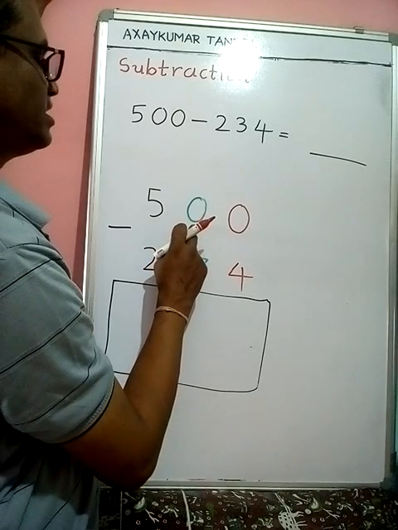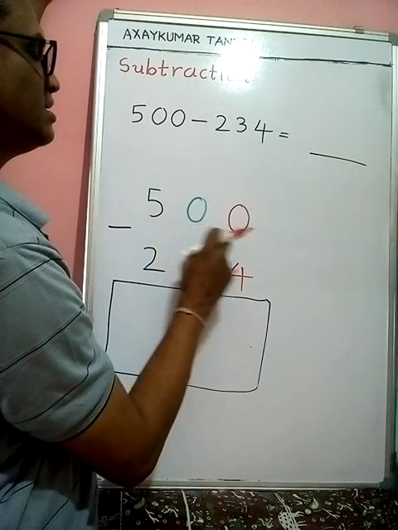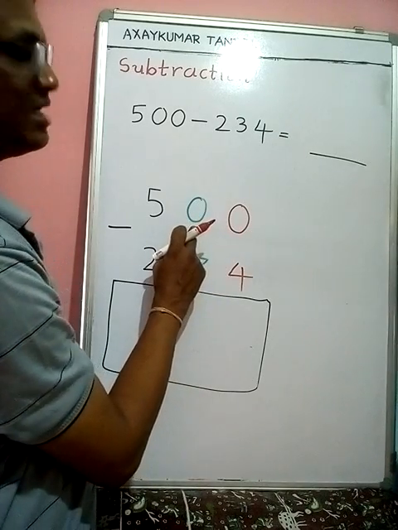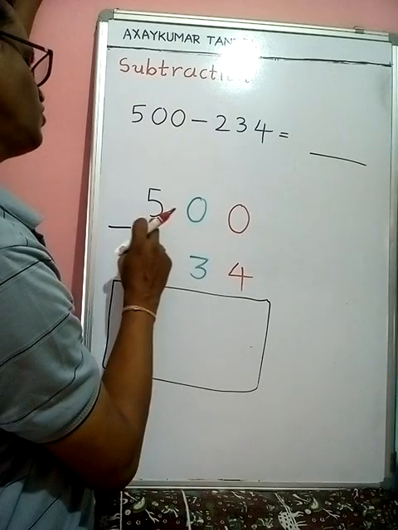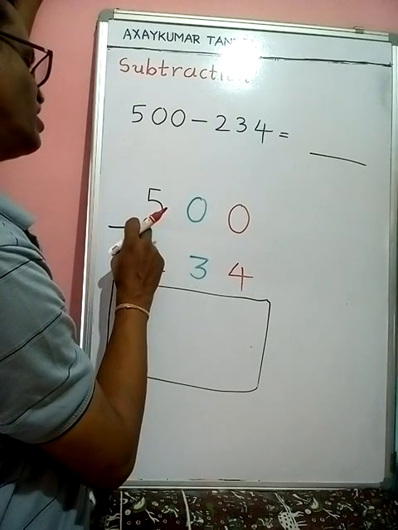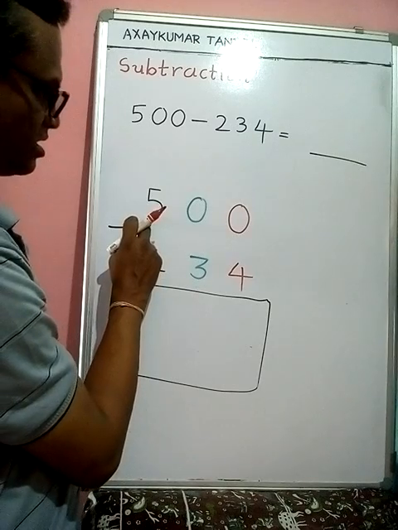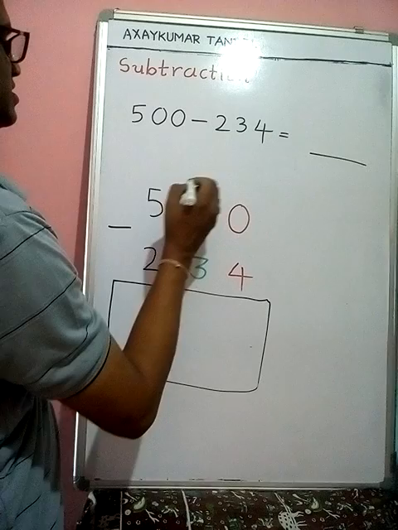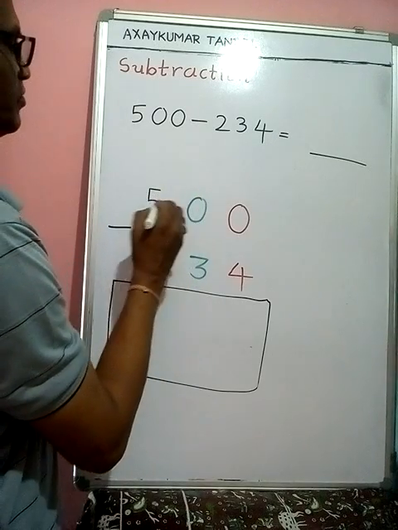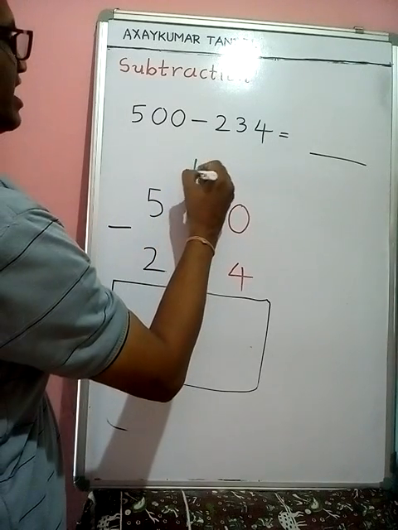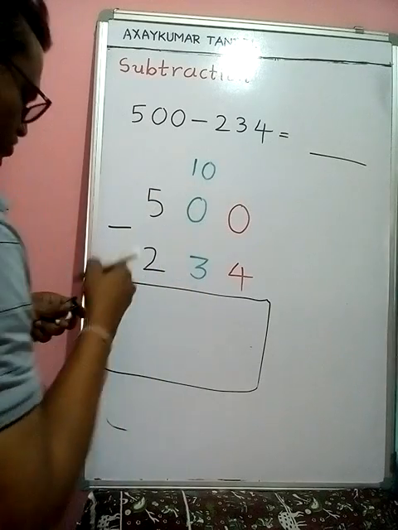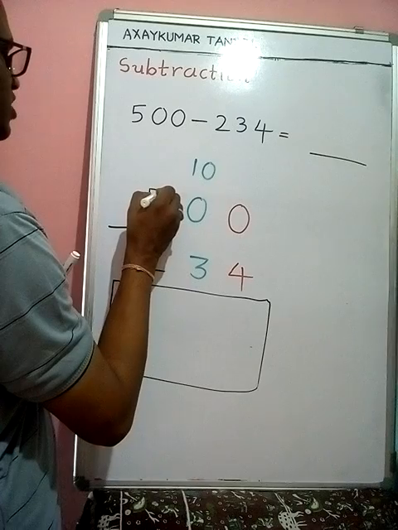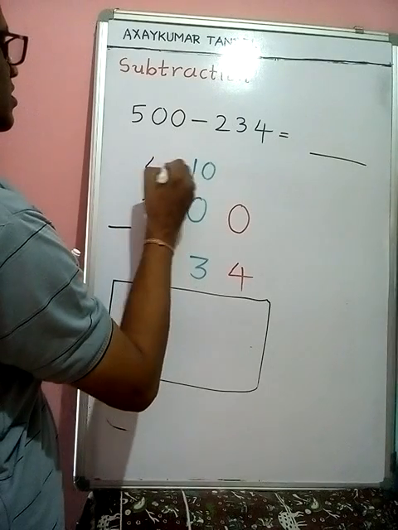Therefore, 0 goes inside, but the one nearest to 0, the tens, is also empty. He has no money. Yes, no money. But tens has no money. Therefore, tens goes to hundreds and borrows 10 from 5. 5 becomes 1 less, 5 becomes 4.